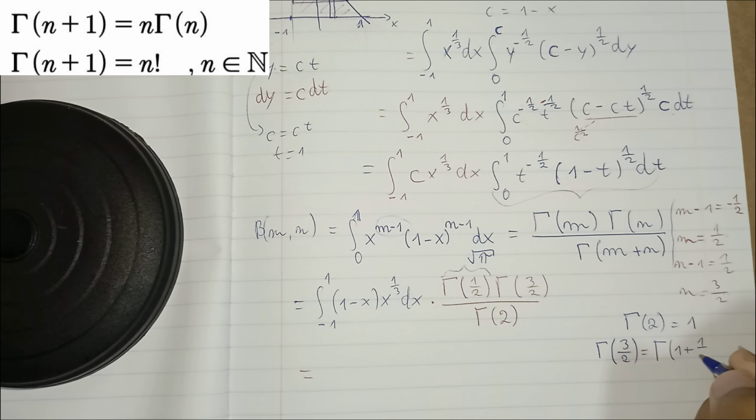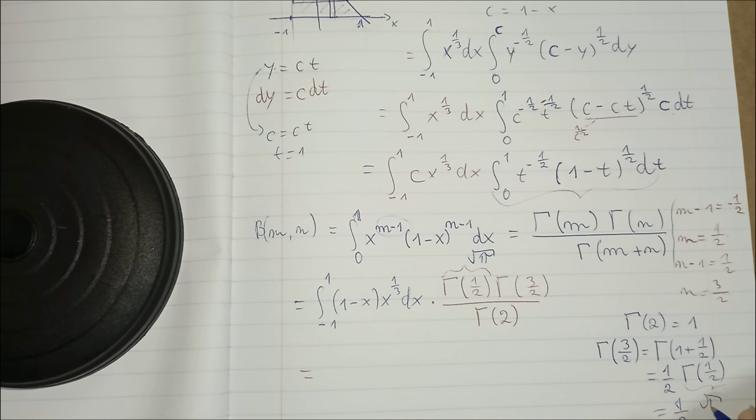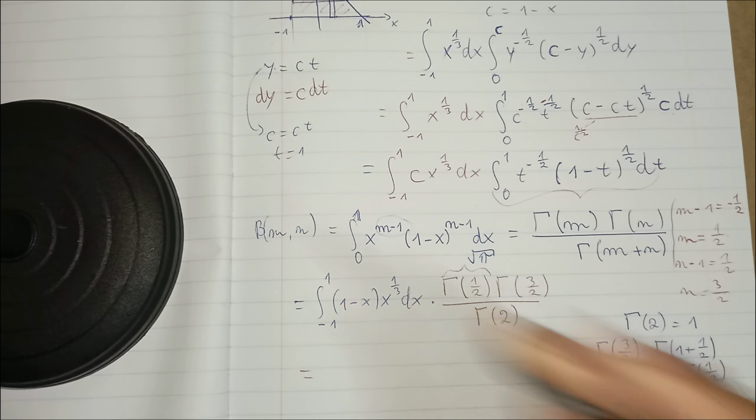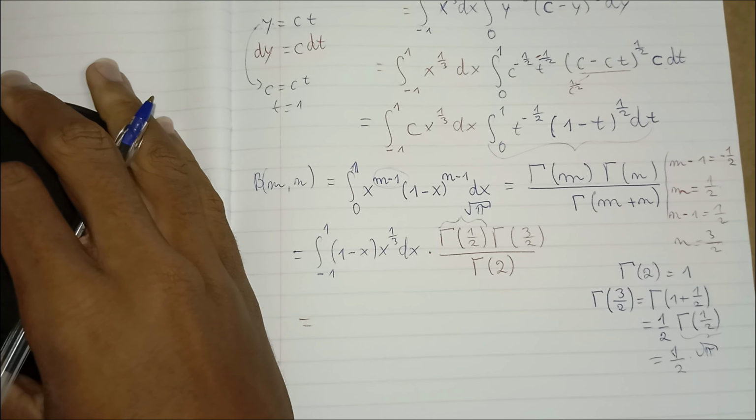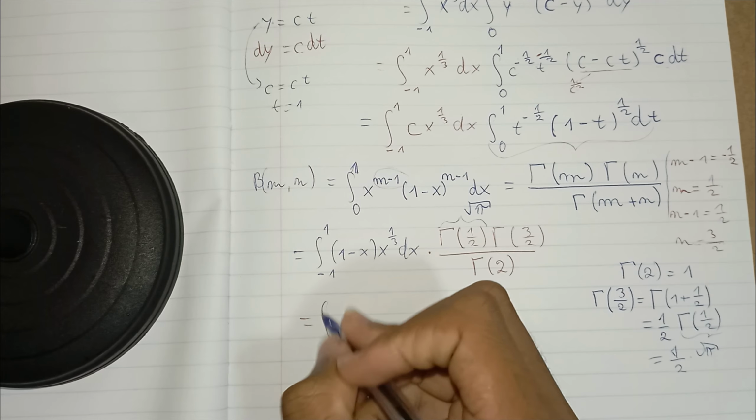I can write 3 over 2 as 1 plus 1 over 2, right? Of course, there's a property that says this is equal to 1 over 2 gamma of 1 over 2. And gamma of 1 over 2, we already know, is square root of pi. Now, let's integrate this.